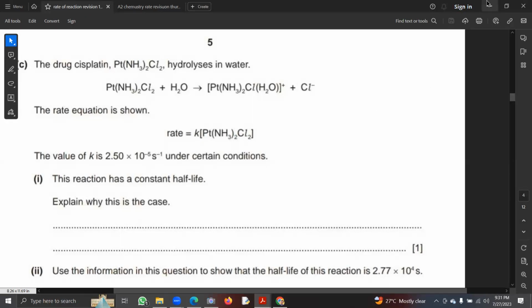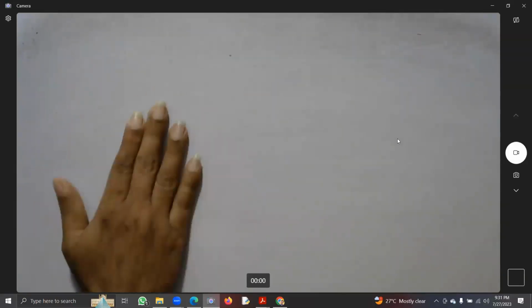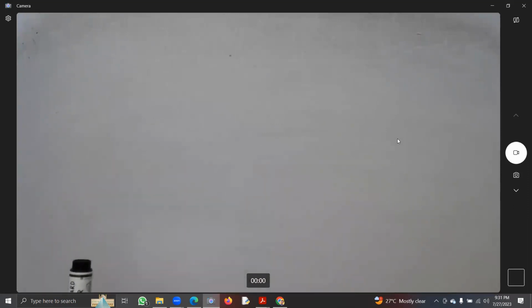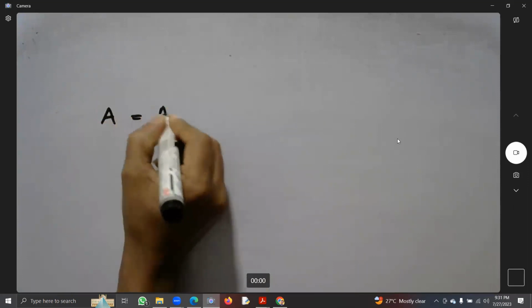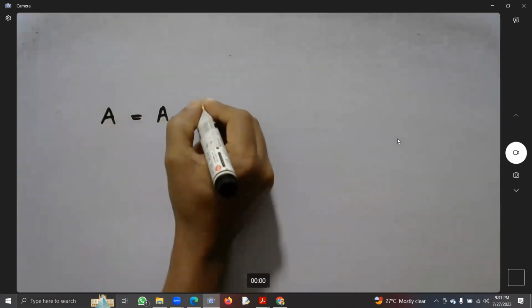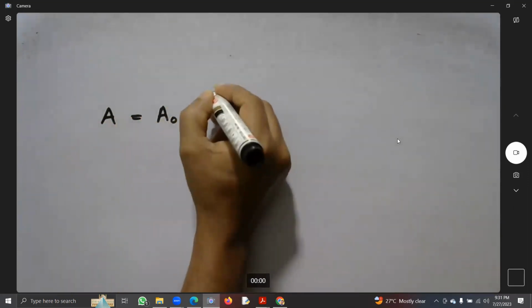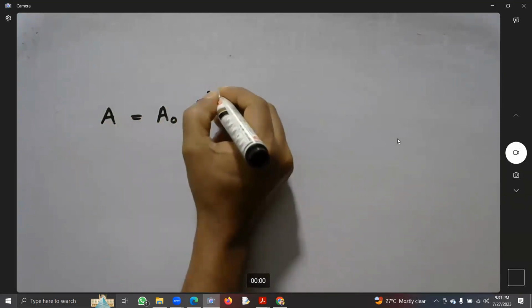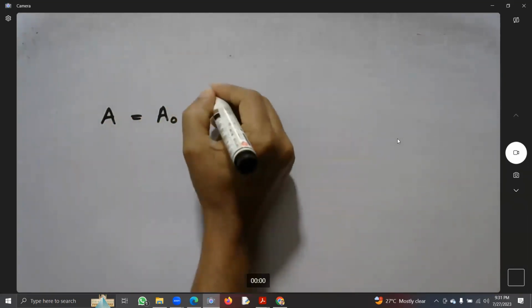Now in physics radioactivity, activity is measured in becquerel, that's disintegration per second. If it is 5 becquerels, that's 5 disintegrations per second. A stands for activity. So we say A is equal to A naught e to the power minus lambda t, where lambda is the rate constant.